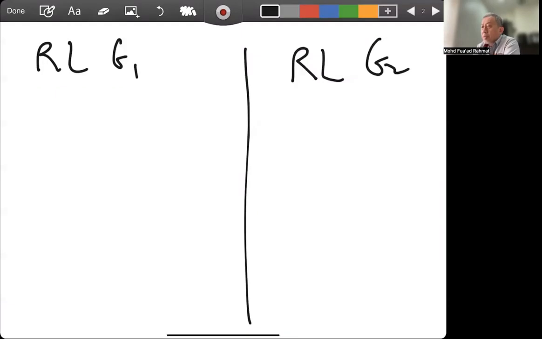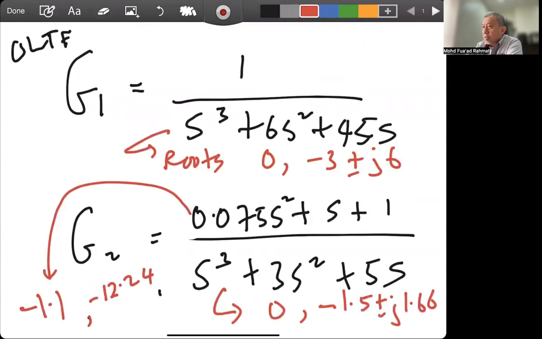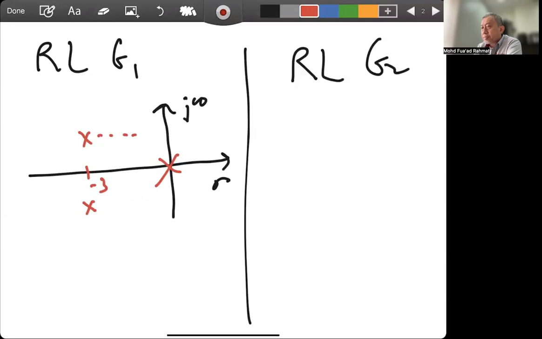We draw the S-plane and locate the open loop poles, J6.